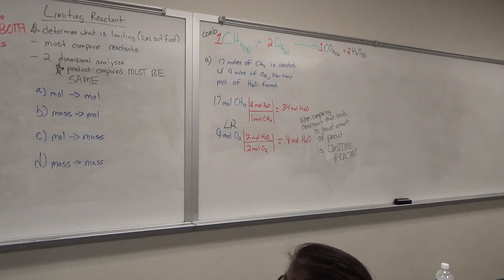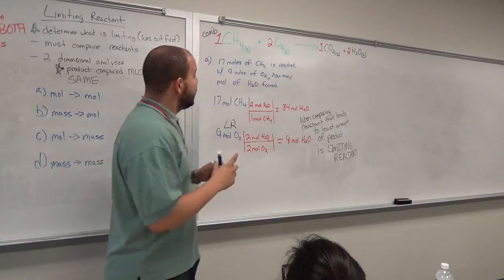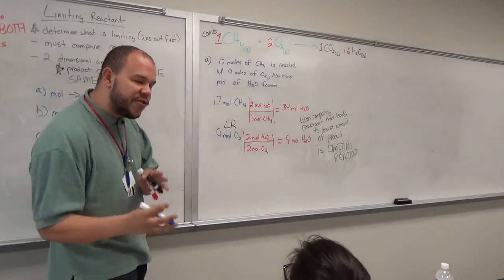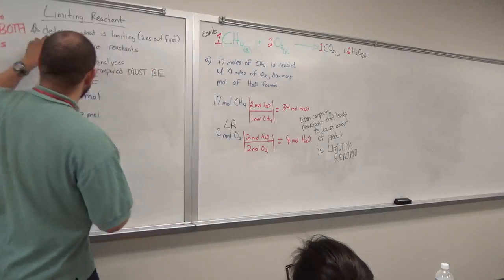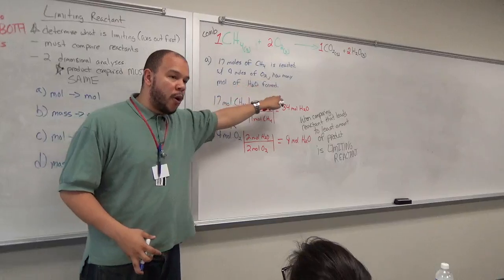Now, let's say that I ask the follow-up question to this. To be able to answer this question, you must determine the limiting reactant. Then, how many moles of H2O formed?